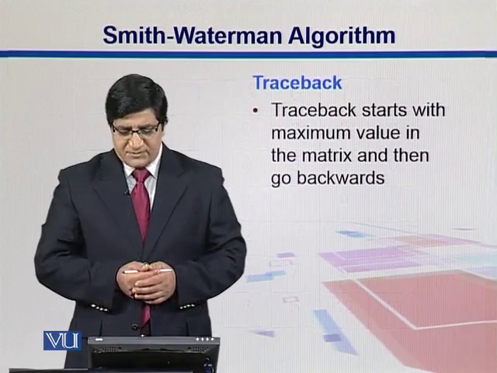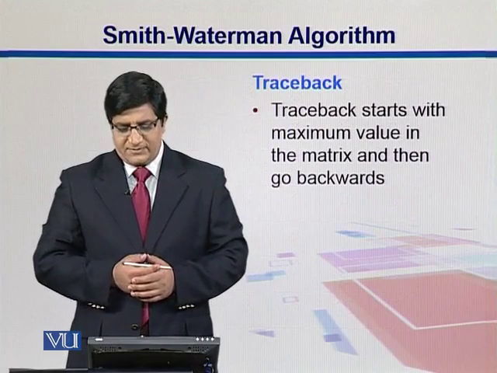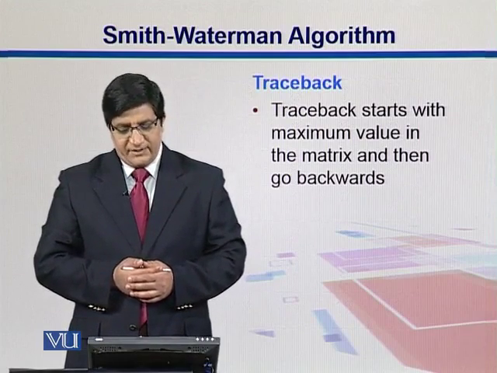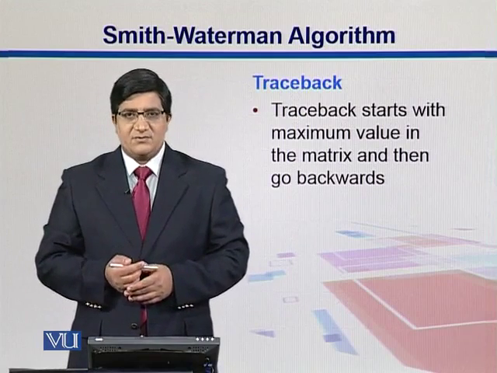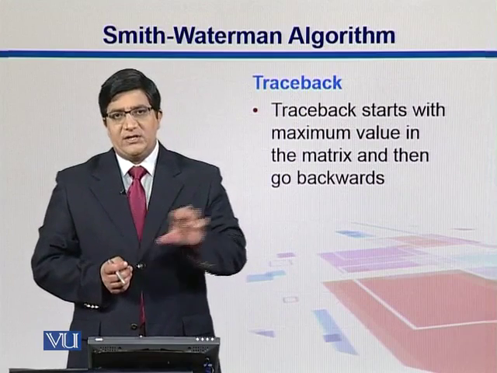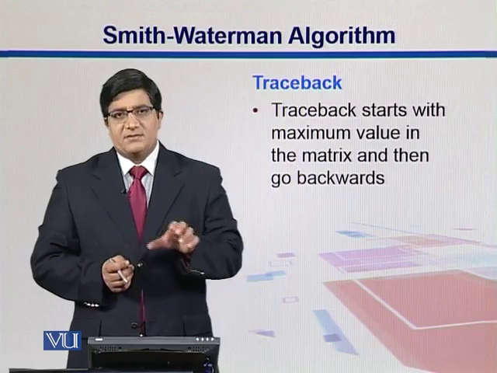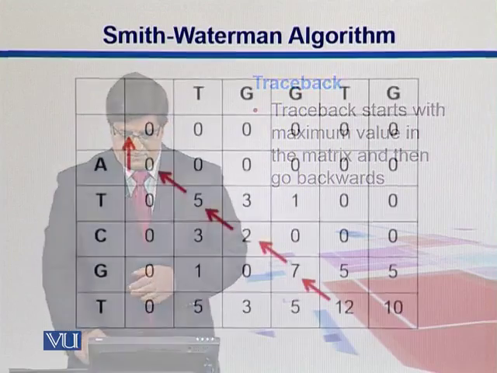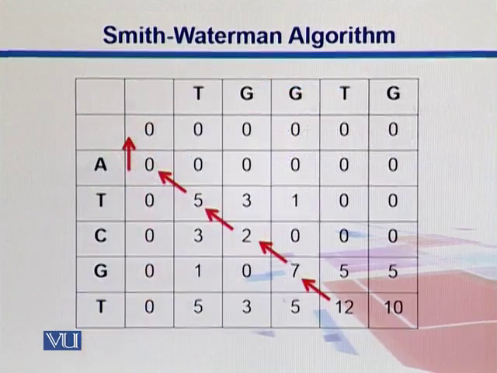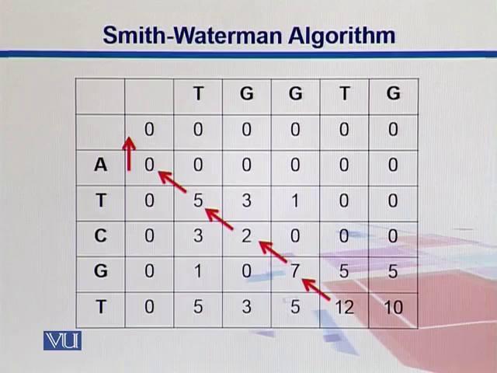In the same way we do traceback. Here the traceback starts from the maximum value in the matrix and then we move backwards. In this way we will have some local section that has been aligned. Here the traceback starts from this value, which is 12, and we have pointers telling us where those scores are coming from, so we can put them together.